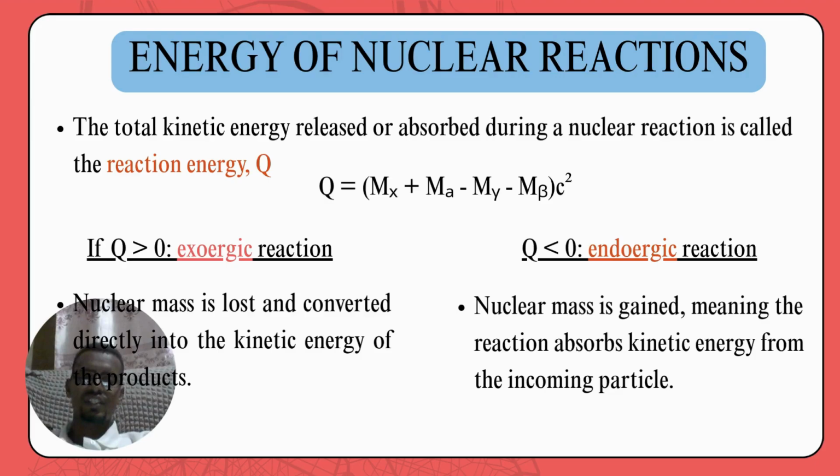In this case, the nuclear mass is gained, which means the reaction absorbs kinetic energy of the incoming particles. So in this case, the particle needs a minimum kinetic energy to undergo such a reaction.